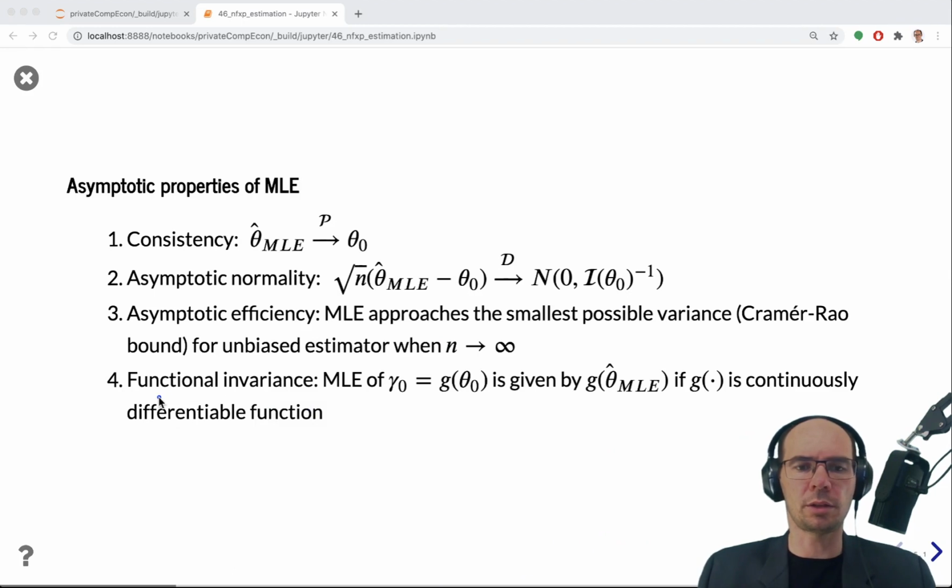MLE also has this functional invariance property, which means that if you want the maximum likelihood estimator of a function of the true value of the parameter, then you can calculate this as a function of the estimator, well, under certain regularity conditions.